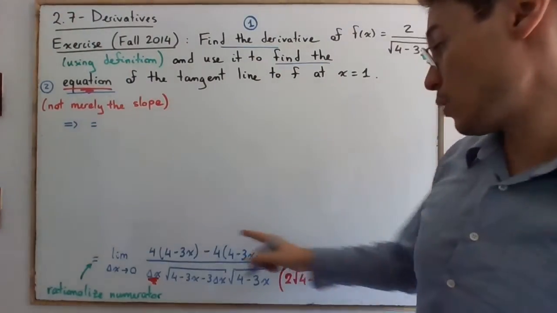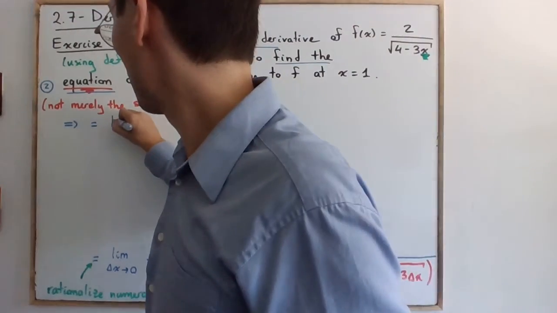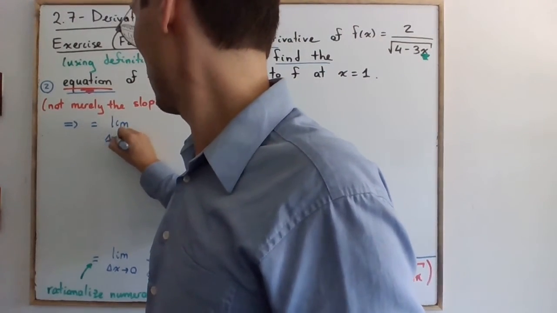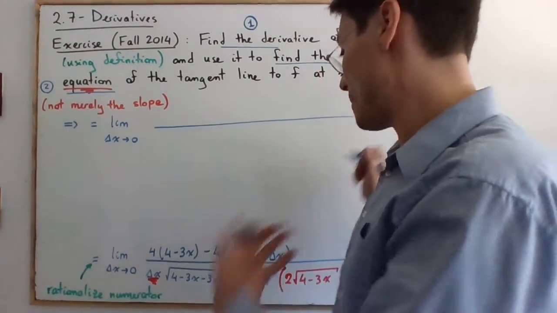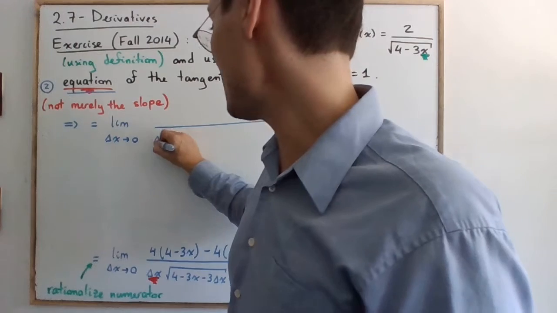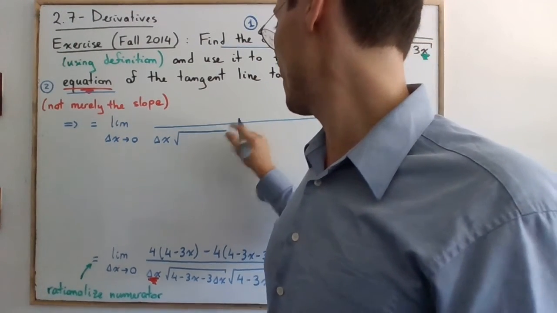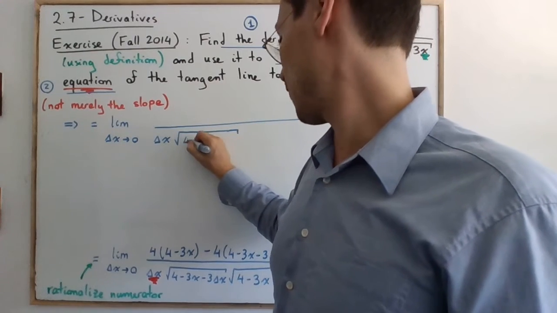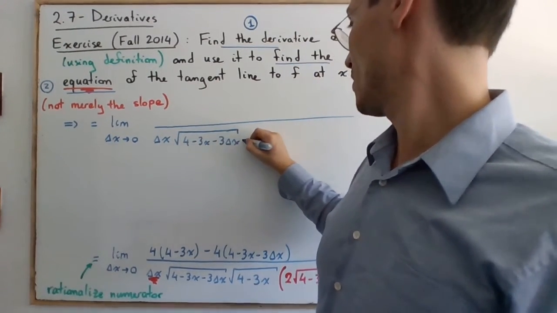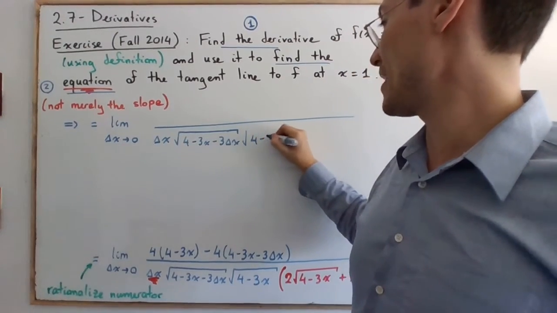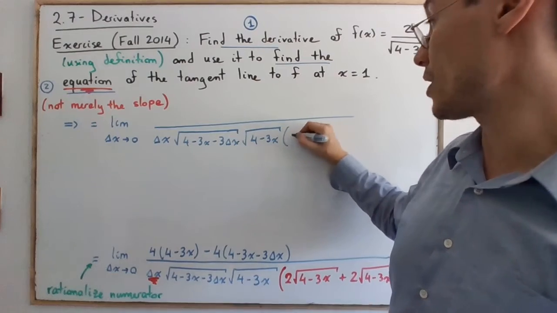So then what we do is we simplify everything that's here. Unfortunately, I'm stuck copying the denominator as is. Okay, so we have delta x, square root of 4 minus 3x minus 3 delta x, square root of 4 minus 3x, multiplied by the conjugate, and I will drop the color code now.